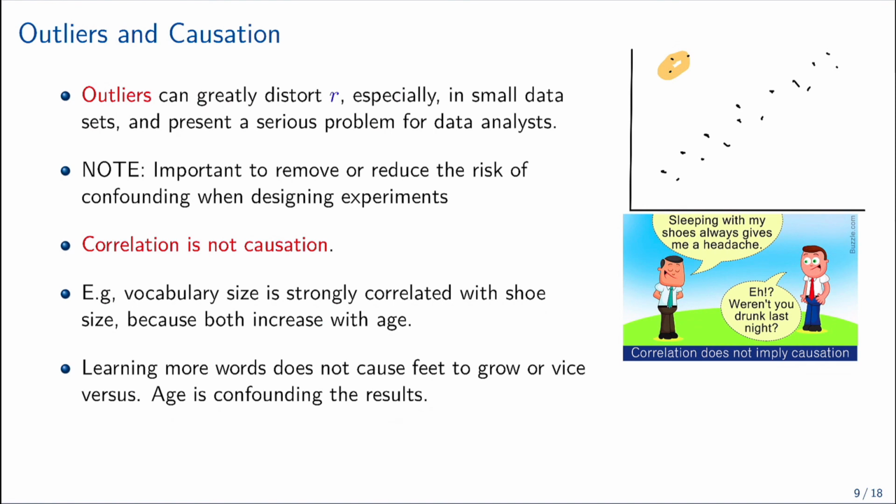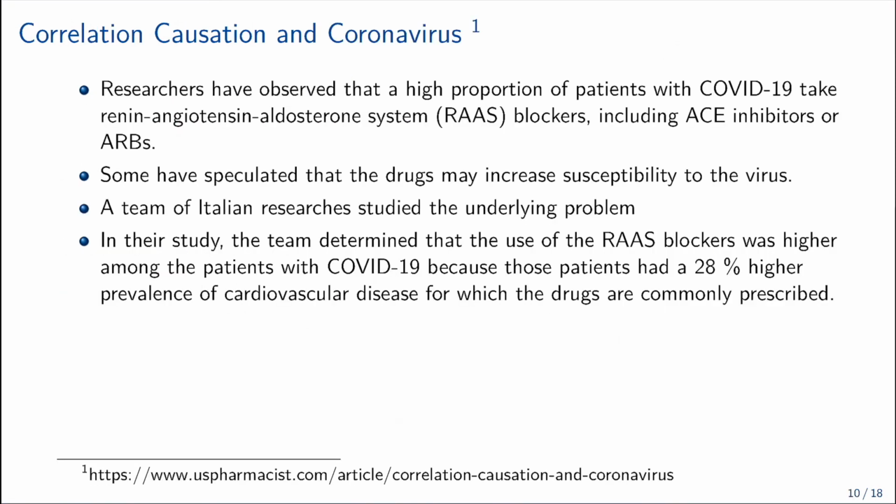I'll give you another example, and it's related to the current COVID-19 pandemic. Researchers have observed that a high proportion of patients with COVID-19 take this medication, renin-angiotensin-aldosterone system blockers, or in short, RAAS.